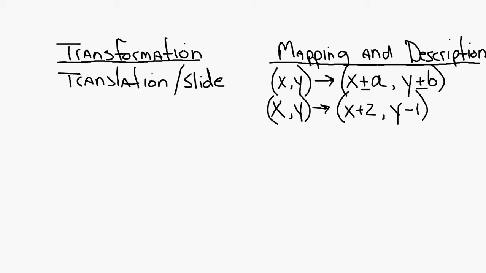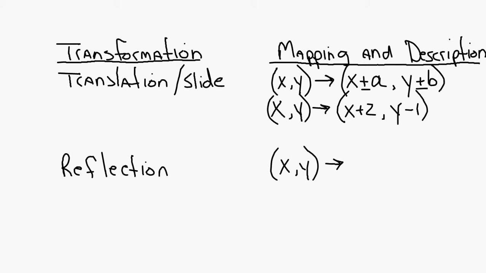In a reflection, the rule would look something like, for each xy, your new x value will be the opposite of x, and your new y value would be the same as the original y.